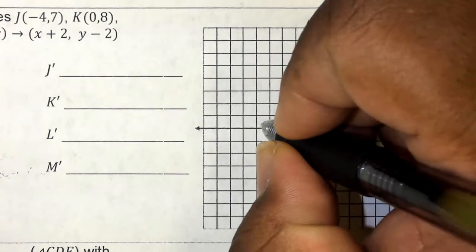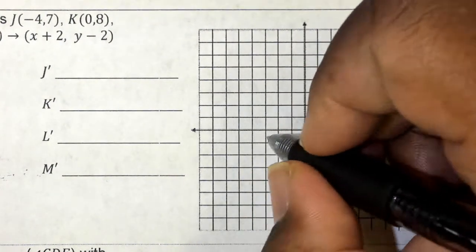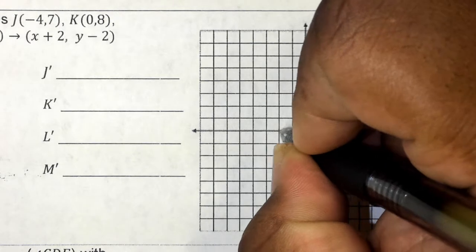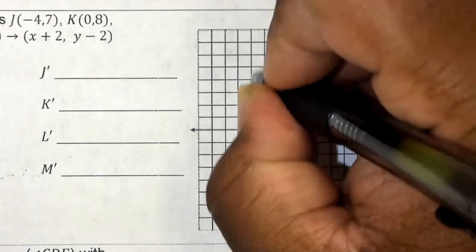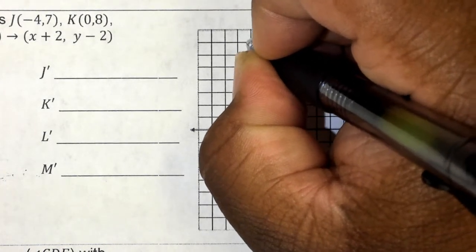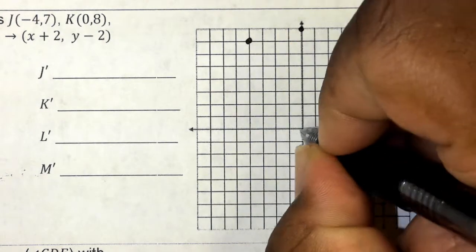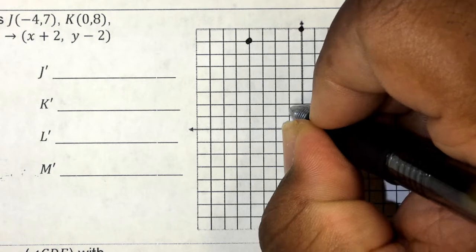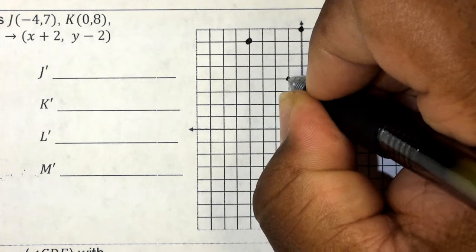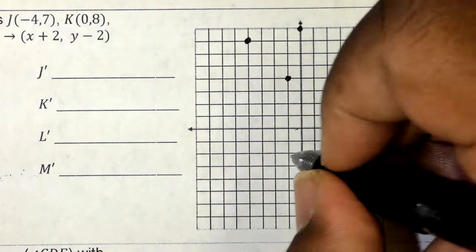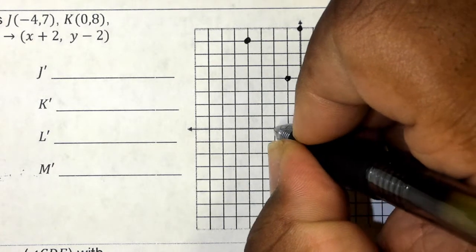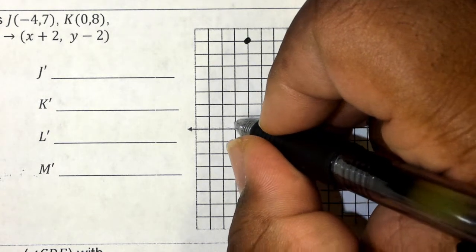So labeling, plot my first points. -4, 7: 1, 2, 3, 4, up 7. 0, 8. -1, up 4: 1, 2, 3, 4. And then -5, 3.